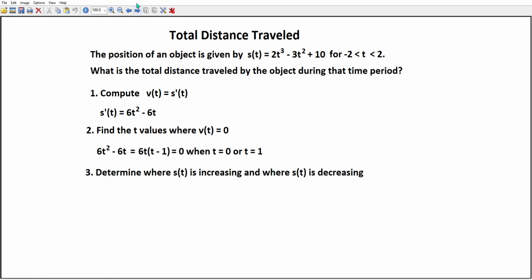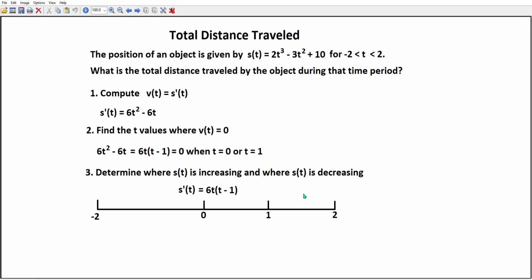Now we want to determine where s of t is increasing and where s of t is decreasing. We'll need this so that we count both pieces of the path as positive distance. So we draw a sign chart for s prime of t, the velocity. We note that it's 6t times t minus 1.